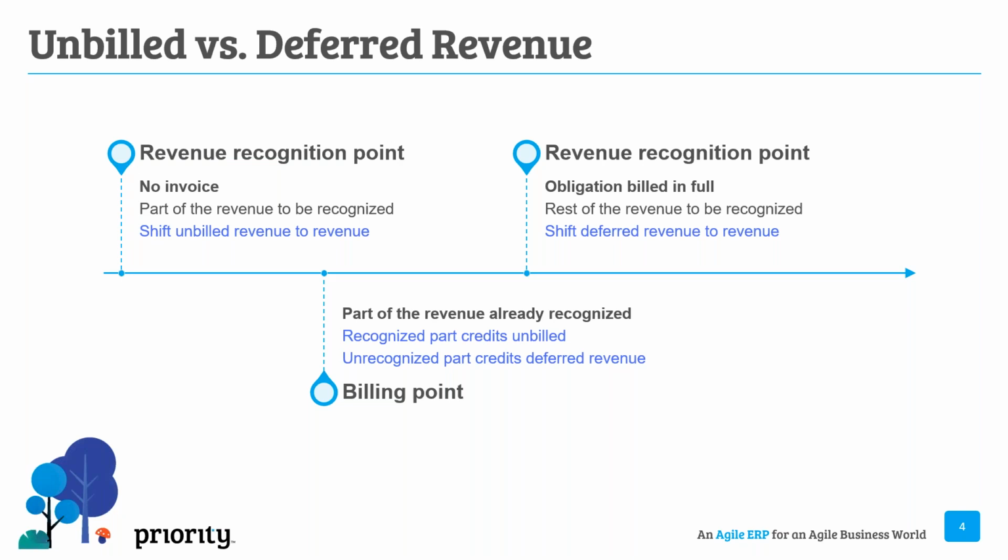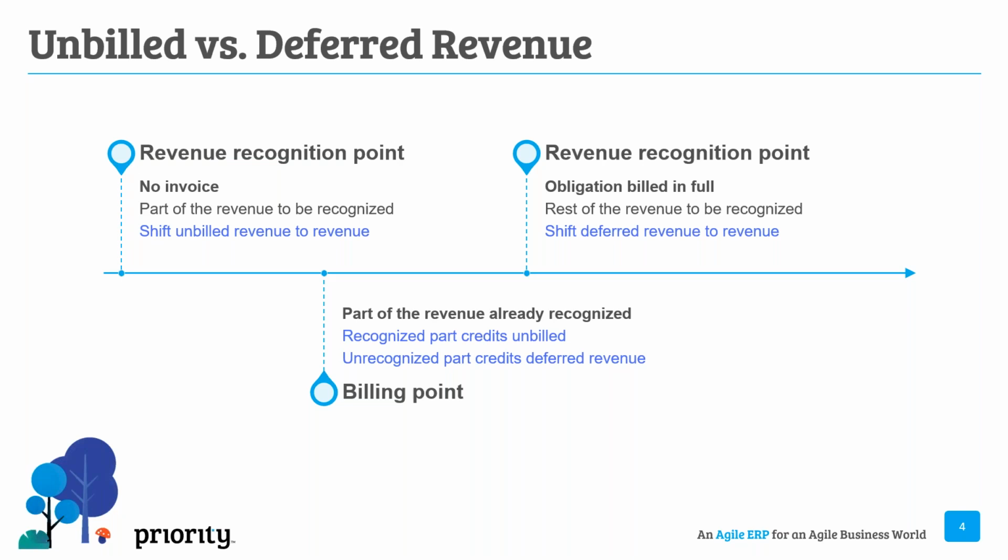At the bottom of the slide, we can see the second point in time, which is the billing point. Maybe at this point in time, part or all of the revenue is already recognized. In this case, the system will credit the unbilled recognized and credit the deferred for the part that was not yet recognized. So we understand that the system distinguishes between the various amounts.